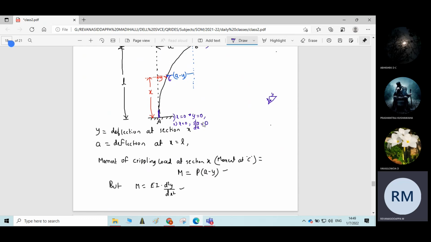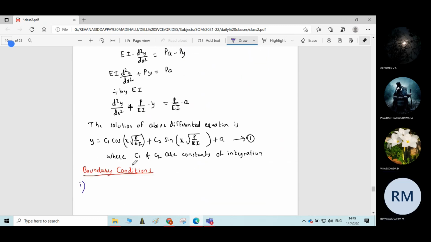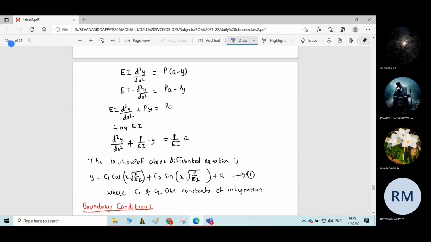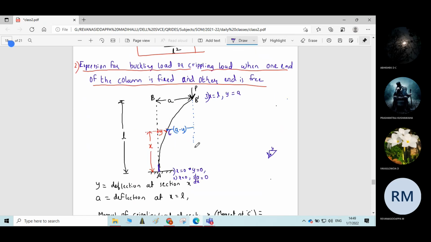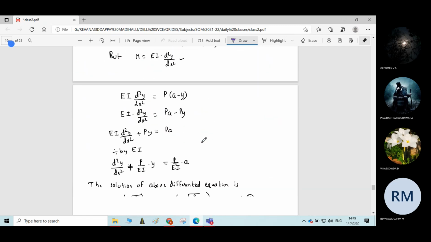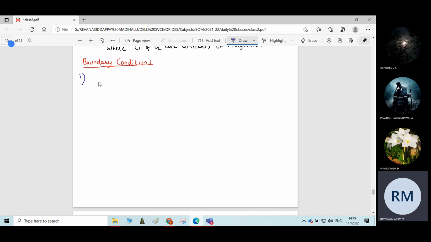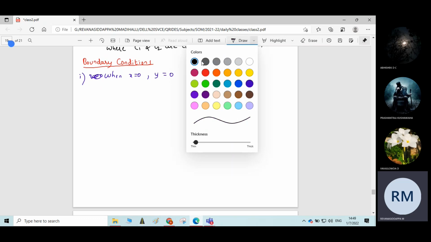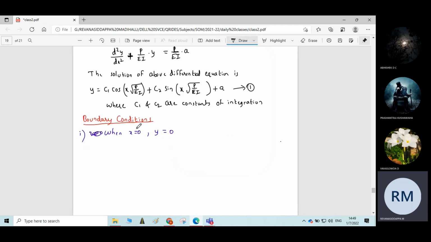So utilizing all these 3 conditions, we can take x equal to 0. When x equal to 0, y is also equal to 0. This is the first condition. Now we have the solution of the equation.